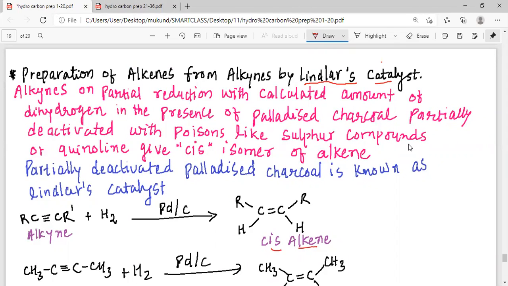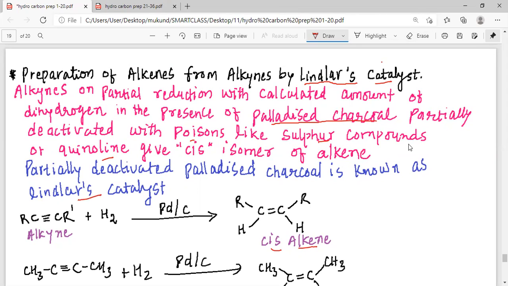Alkyne on partial reduction with a calculated amount of dihydrogen in the presence of pelletized charcoal, partially deactivated with poisons like sulfur compounds or quinoline, gives the cis isomer of alkene. Partially deactivated pelletized charcoal is known as Lindlar's catalyst.